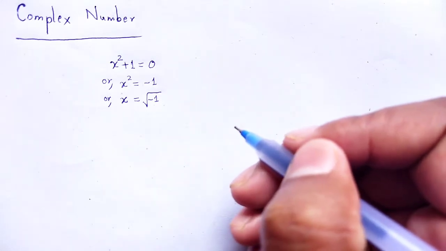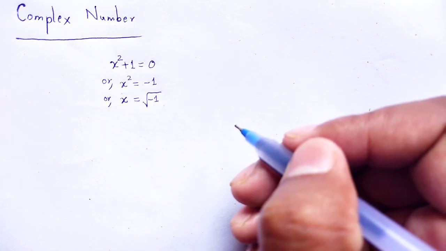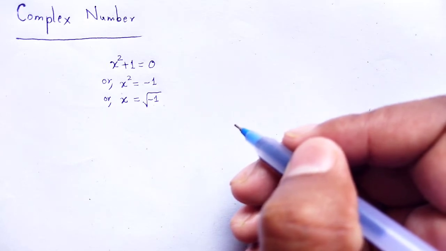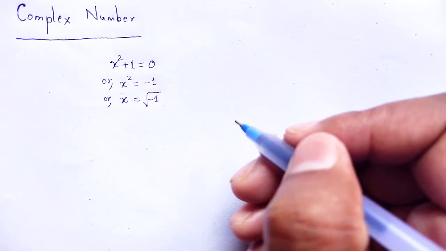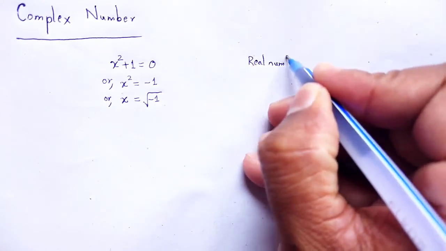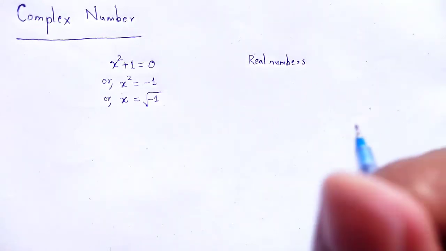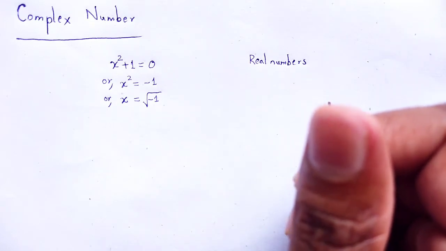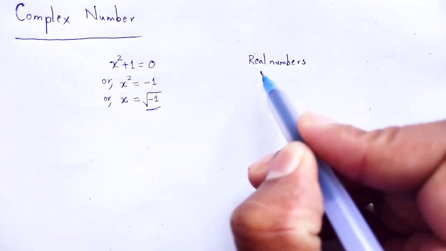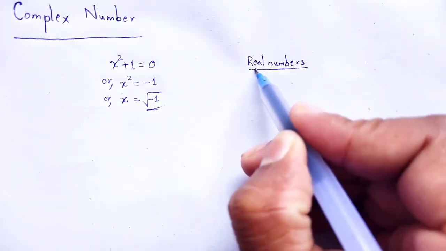Real numbers are the combination of both rational and irrational numbers. Natural numbers, integers, rational numbers, irrational numbers, all these numbers are under the category of real numbers. But under root of minus 1 is not in the real number system.